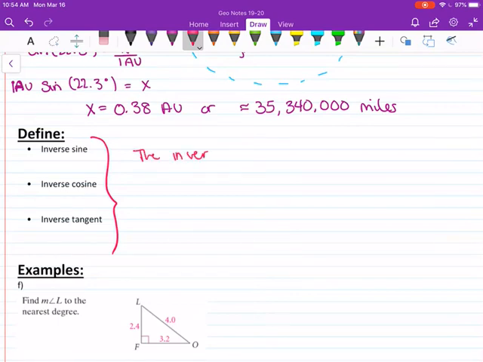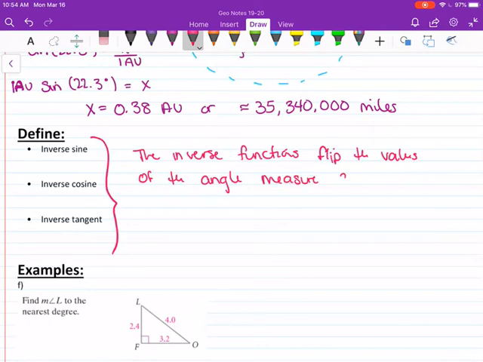the inverse functions flip the values of the angle measure and the ratio.